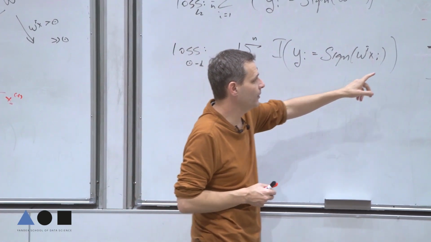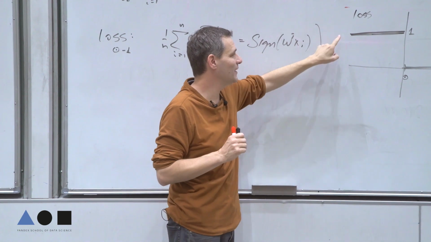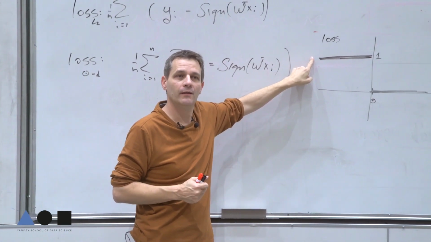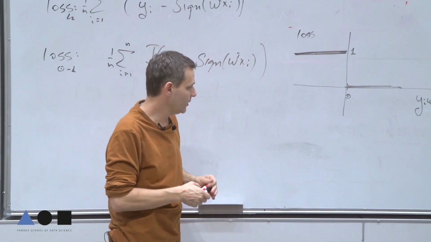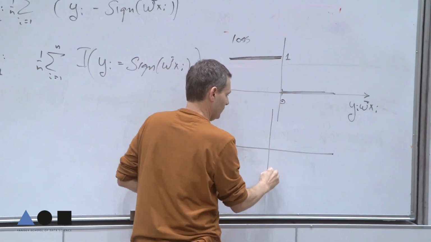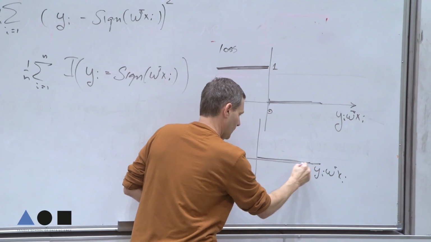Instead of paying a fixed penalty every time you're wrong, how about you pay a penalty depending on how wrong you are? So here's another loss, and that's your loss.